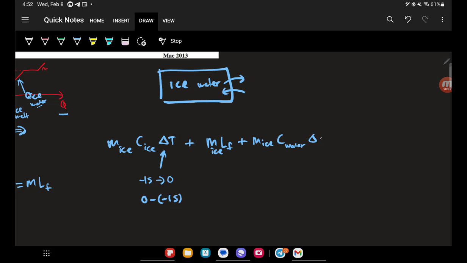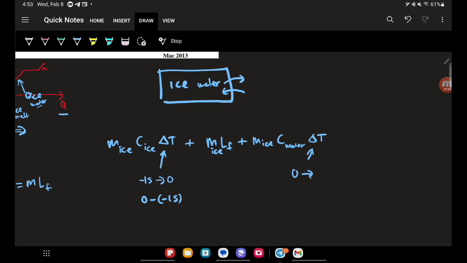And then the change of temperature here would be to the final temperature, starting from 0. Why 0? Because this water just melted from the ice, so it should have the melting point temperature.